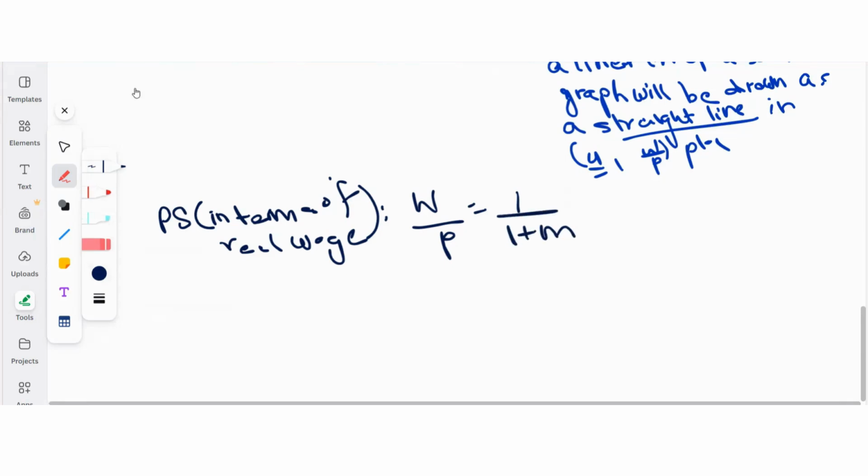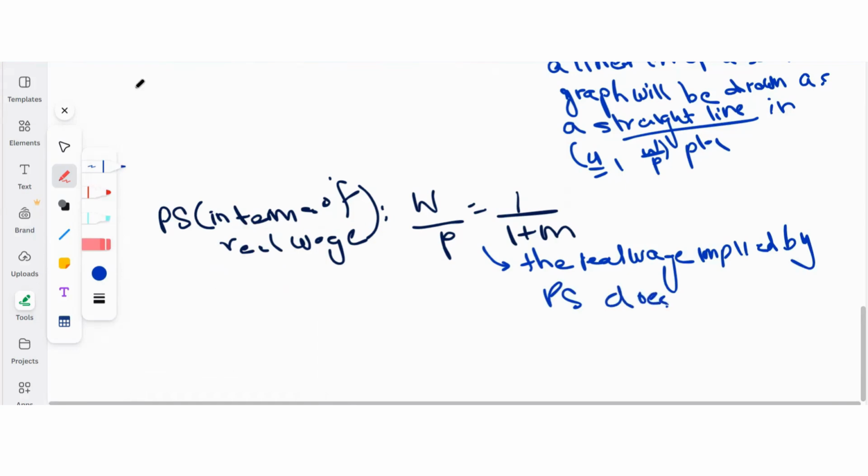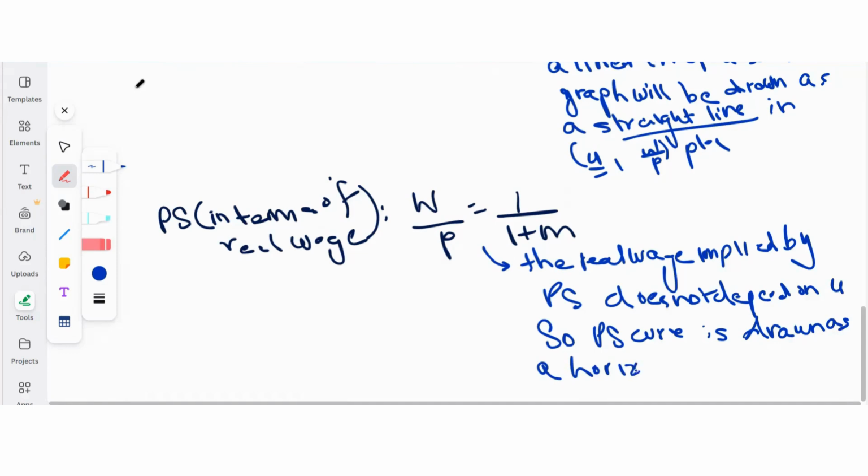Now over here we can see the real wage implied by PS does not depend on U. It does not depend upon the unemployment. So it's drawn as a horizontal line, because when you're plotting PS, you have W by P on the vertical axis.